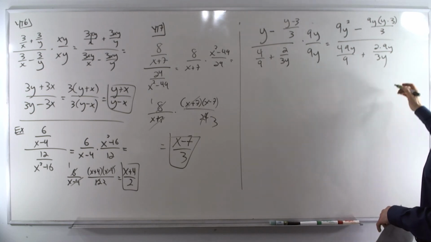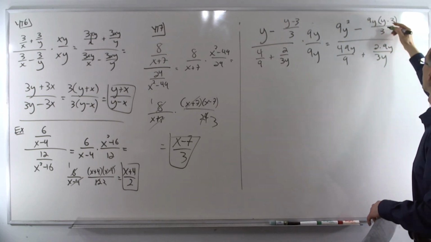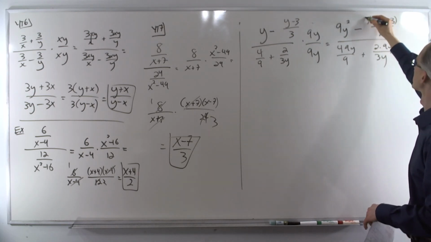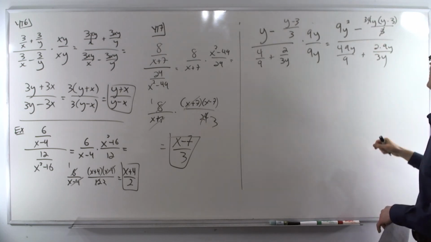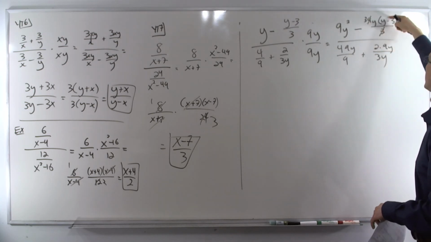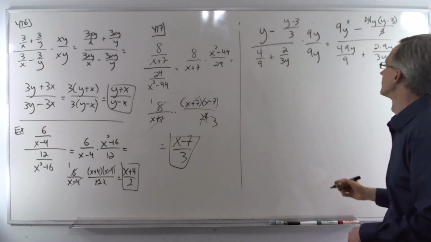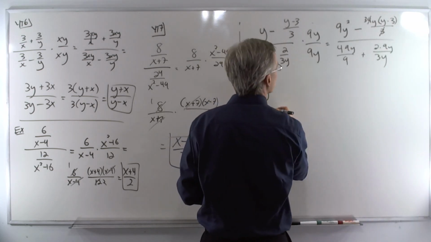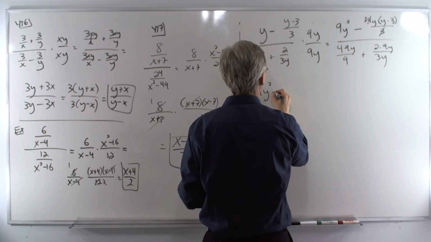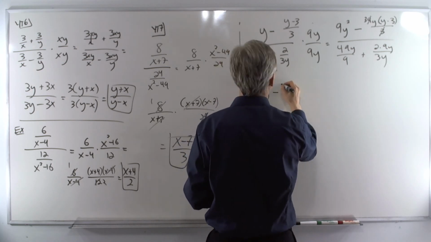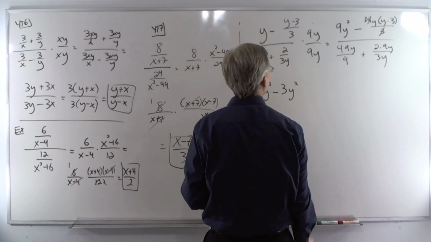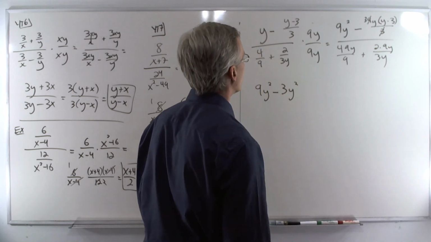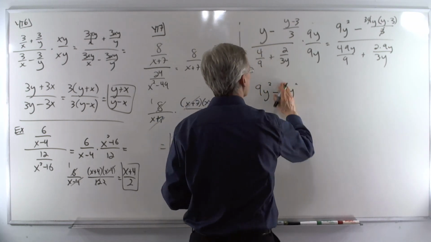And now we can cancel. So 9 over 3, these will go away, leaving just a 3 here. And then we can distribute 3y into here. And when we distribute, 3y times y is, maybe we're doing too much at once here.